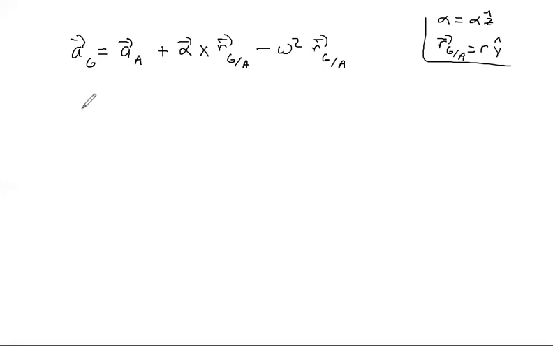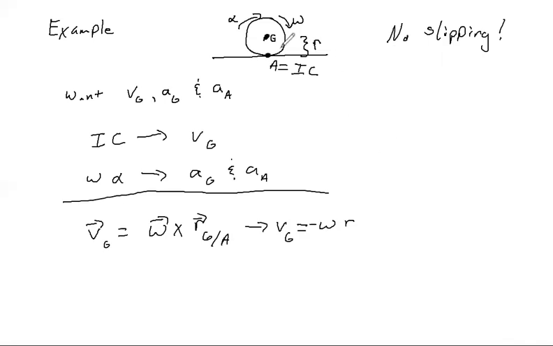So this allows me to write, oh, and the other thing I know from the diagram is that point G can only accelerate in the x direction, whereas point A can only accelerate in the y direction. If you follow a point on the edge of the wheel, it kind of goes down, hits the ground, pops back up. That's the motion that this point would follow as it goes around the wheel.